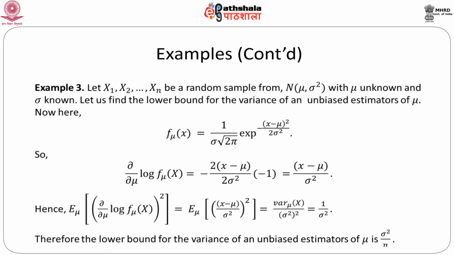Taking logarithm on both sides and differentiating with respect to μ, we get ∂/∂μ log f(x) equals −2(x − μ)/(2σ²) times −1, which is equal to (x − μ)/σ². Hence, the expectation of (∂/∂μ log f(x))² is equal to the variance of x divided by σ⁴, which is equal to 1/σ². Therefore, the lower bound for the variance of an unbiased estimator of μ is σ²/n.